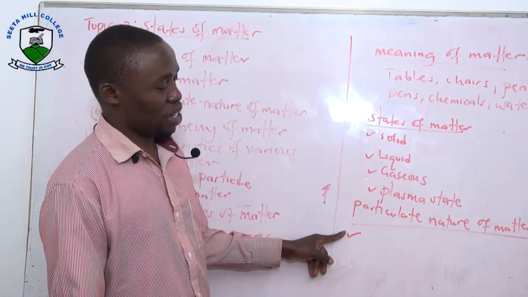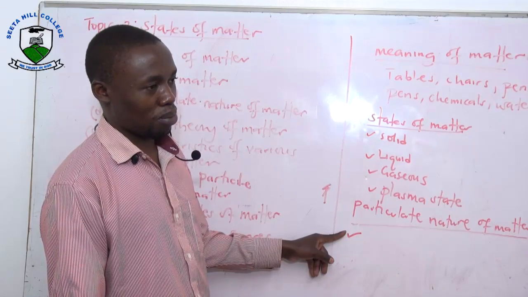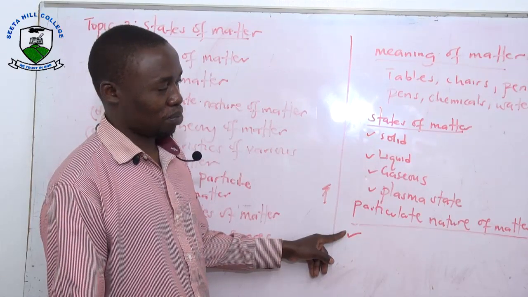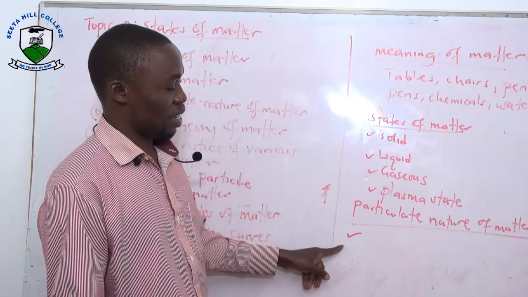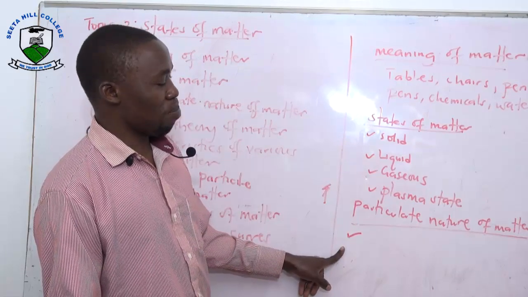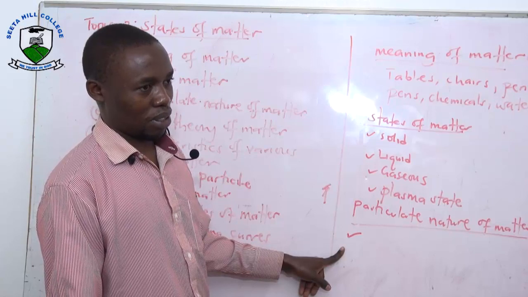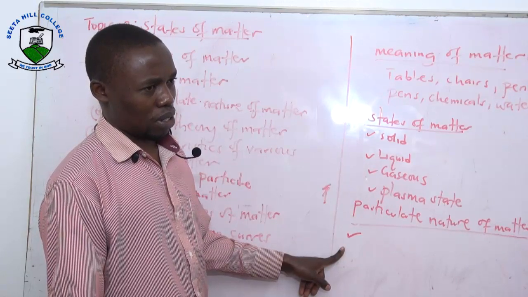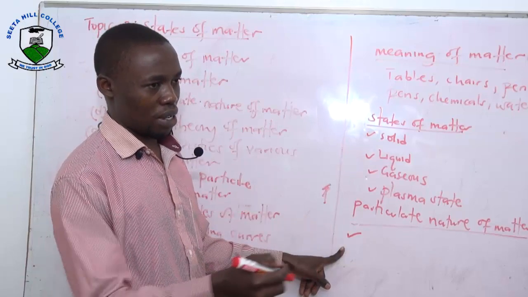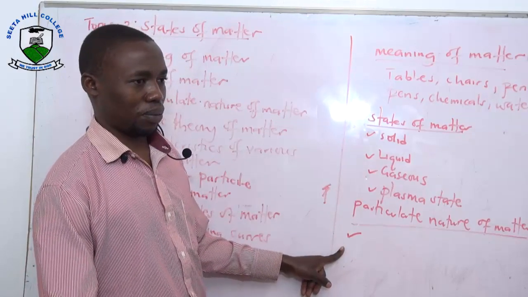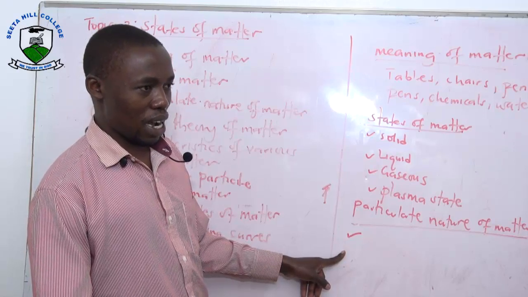And they continue to say that those tiny particles have spaces in between them. Clear? Follow very well because it will help me ahead here. Next, they say the particles attract themselves. See? And you can't attract another if there is no force of attraction. So they say that particles attract each other.